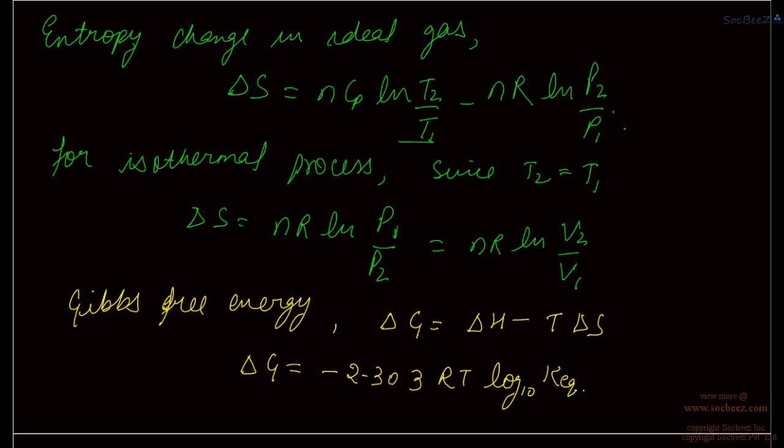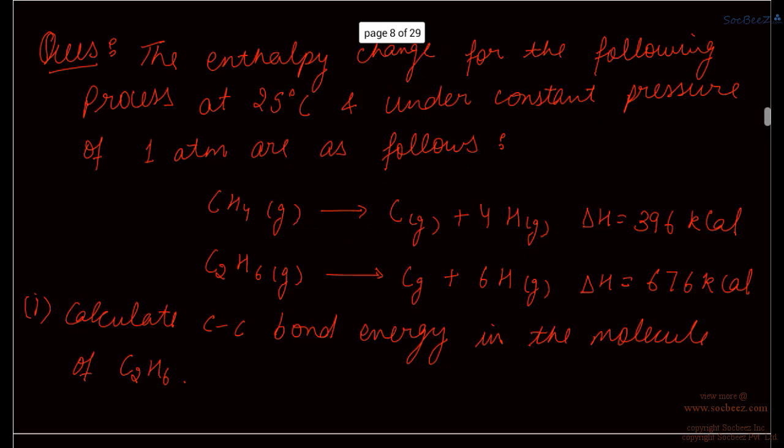Okay. So let's discuss some questions. The first question says that the enthalpy change for the following processes at 25 degrees Celsius and under a constant pressure of 1 atmosphere are as follows.